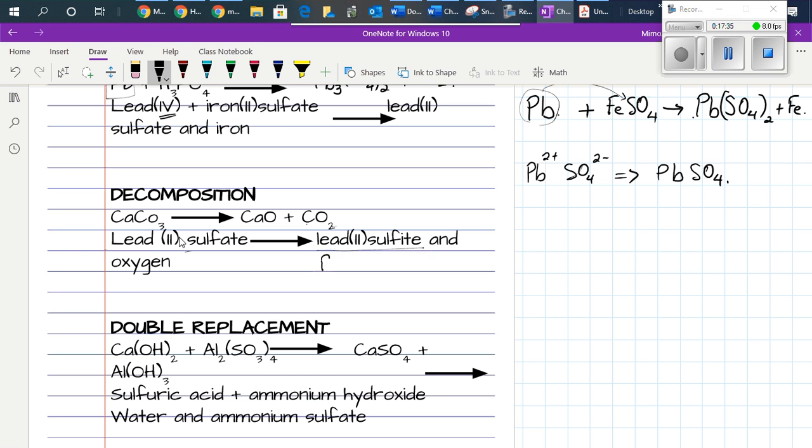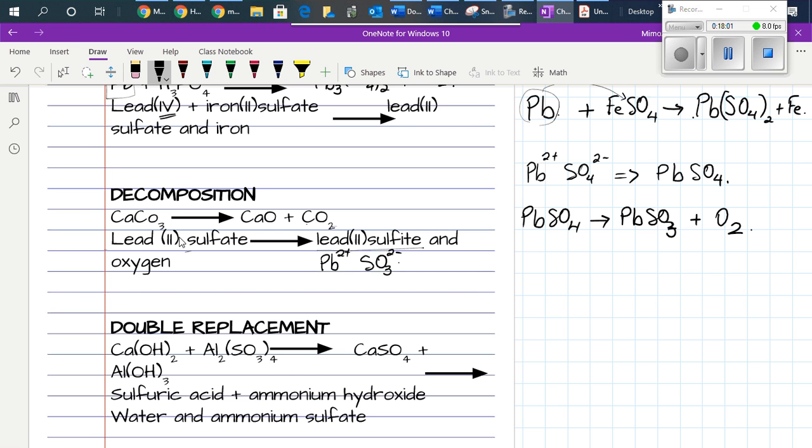So lead 2 Pb2+ and sulfite in your periodic table is SO3 2-, switching the places, making them to the lowest term. We will have PbSO4 decomposed into PbSO3 plus oxygen.